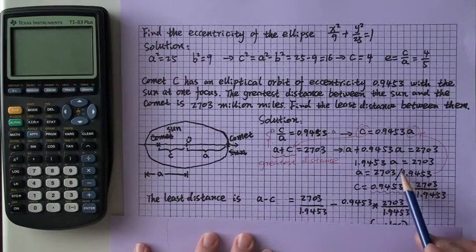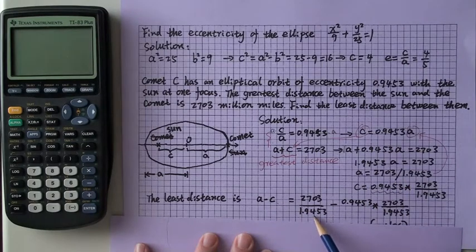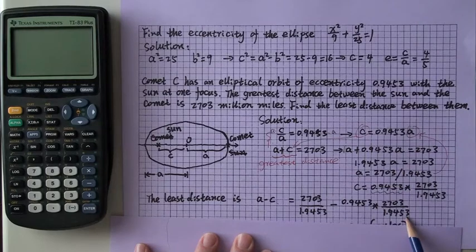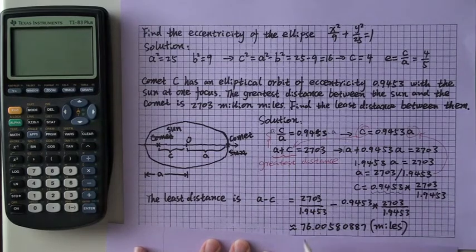A is 2703 divided by 1.9453, and C is right here. That's the value here. And then you have approximately 76 point, many digits down here.